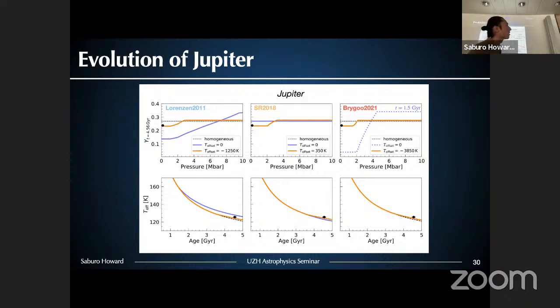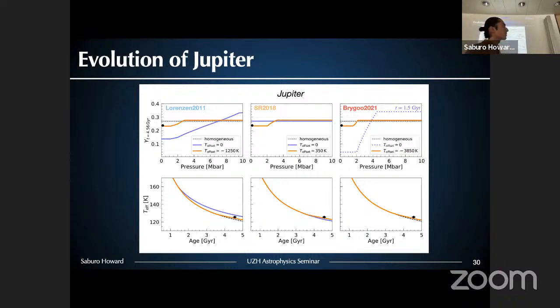So for instance, for this one, you need to apply a shift by about 1000 K, this one 300, and this one is very off because you need to shift it by about 4000 K. And something to notice is that actually the departure from the protosolar value is quite small, meaning that probably in the outer region of the planet, you have 23% in mass of helium, and in the inner envelope you have 28%, which is not far from 27%. And you'll see that for Saturn, it's much more dramatic.